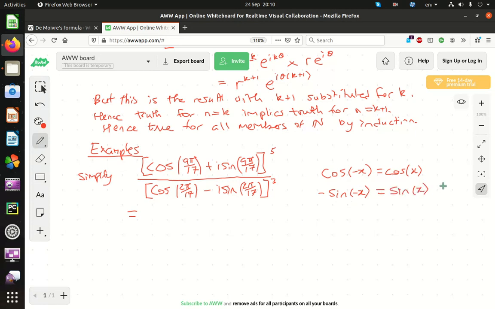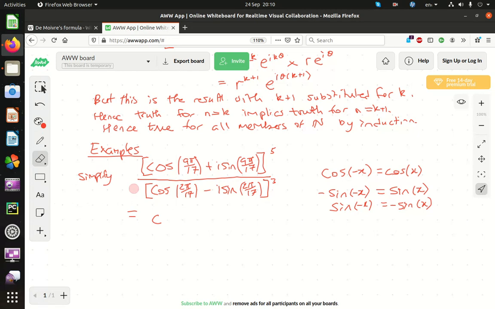So to make that minus a plus, we could rewrite this one: sine of minus x is minus sine of x. As that's minus sine of 2 pi over 17, I could change it to positive sine of minus 2 pi over 17, which is the same as the bottom one on the left-hand side.